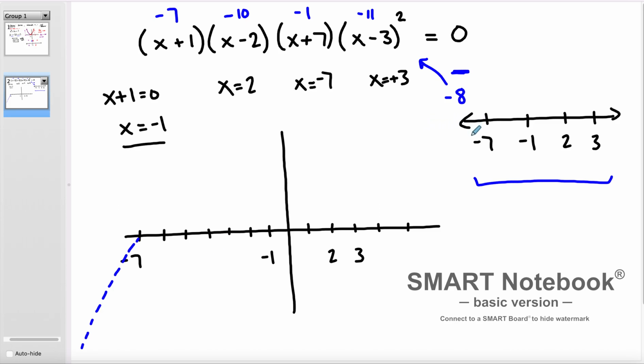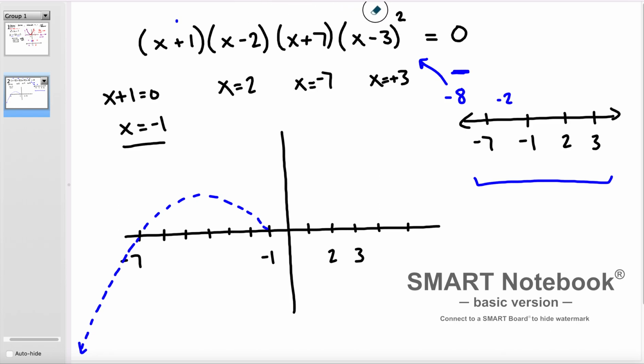Now, we're going to assume, as this graph comes up, we know we have a zero. We have a place where it crosses the x-axis. It's coming from below, so we're going to assume this is going to come up, right? It's going to be positive here. We can double check that by choosing a value between -7 and -1, maybe -2, just for simplicity's sake. And we plug that into the string, right?